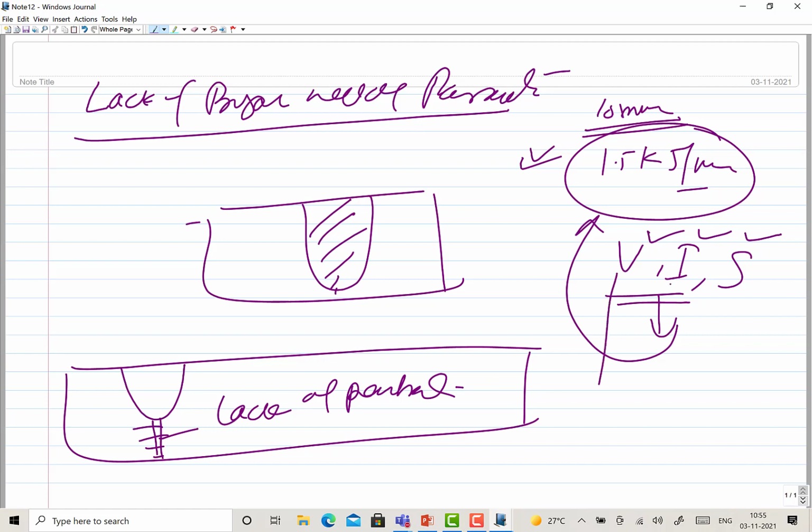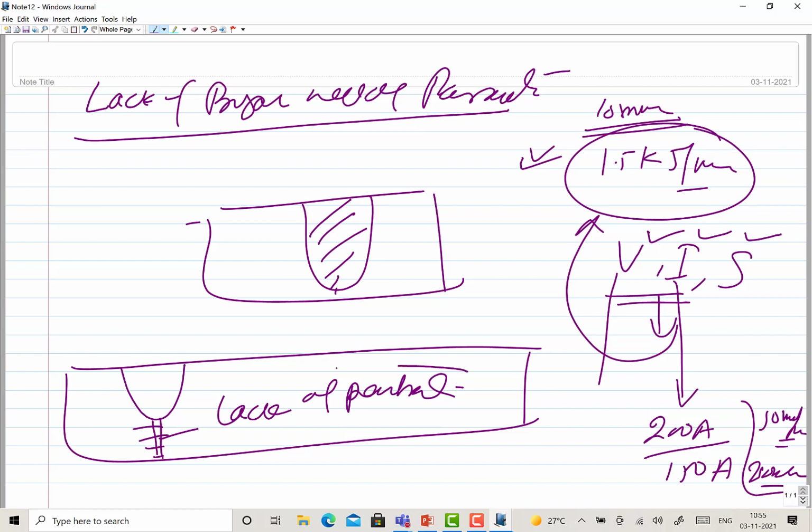Either your current was less, instead of the desired current setting of 200 you set it incorrectly at 150, or instead of using 50 mm per minute welding speed, you used 80 mm per minute. So higher welding speed or lower current or lower arc voltage will lead to reduced heat input. If heat input is reduced, your penetration will be reduced. So lack of penetration is one type of defect where the heat input is not sufficient.